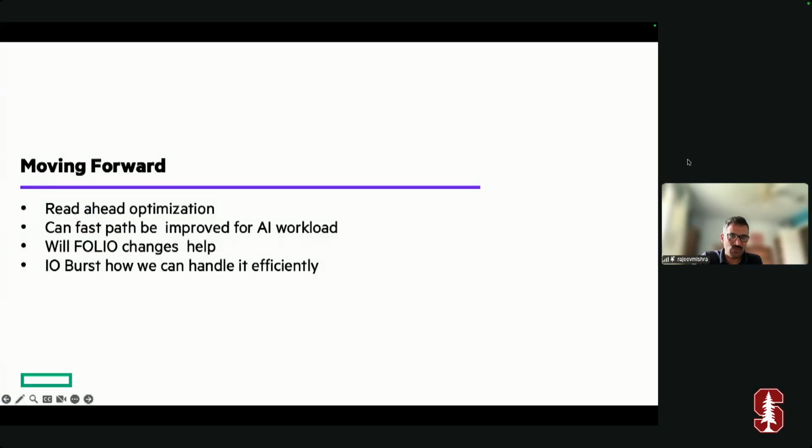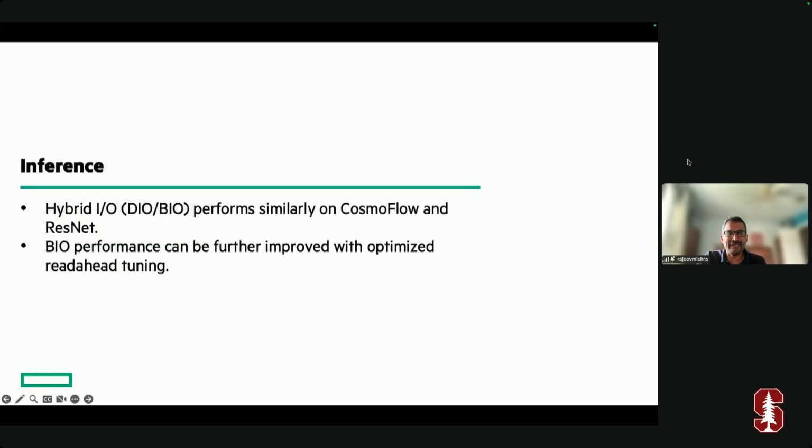Folio will definitely help, and I don't have data for that. And if we can come up with some mechanism for when the IO burst is happening, so we can handle it efficiently, I don't have an idea how to do that, but these are some of the points which came to my mind while testing, and I wanted to bring them here. Those are the things we can do in the future.